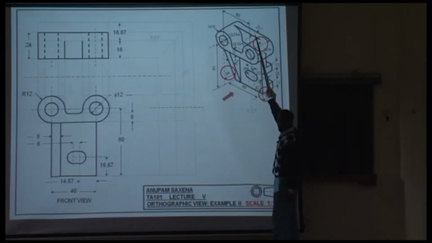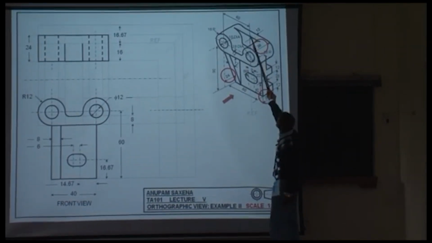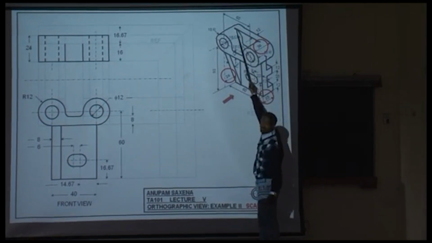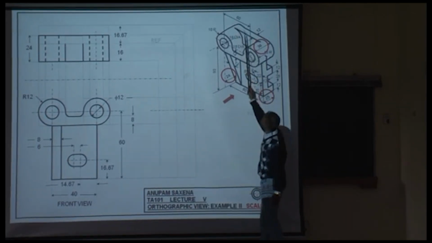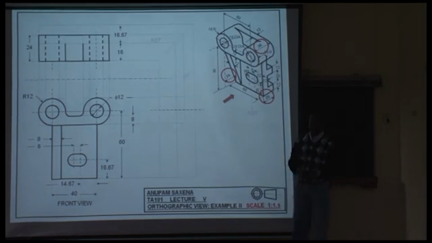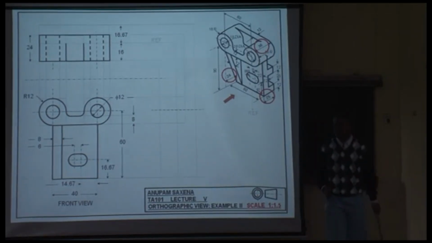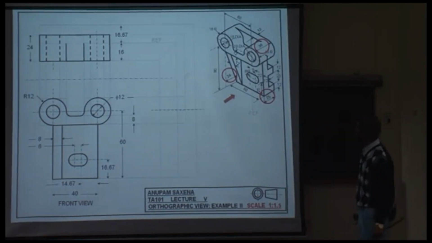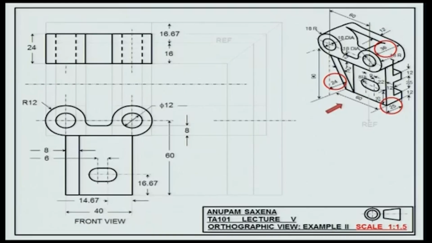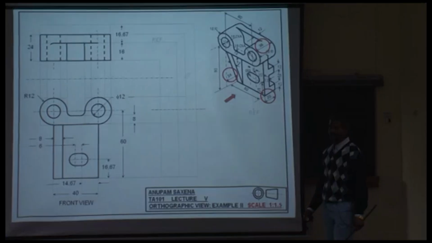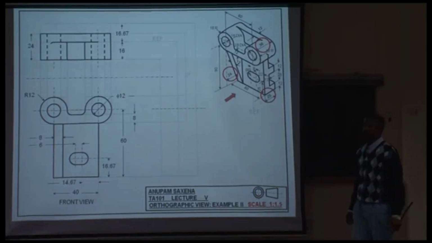So this is a rib, okay? And the rib is such that a part of the rib is tangent to this circular feature, here and here. Okay? How would you show that? A line, okay? It's kind of extended up till the axes of the two cylindrical features. And to show that it is tangent to both the features, we use a little convention.